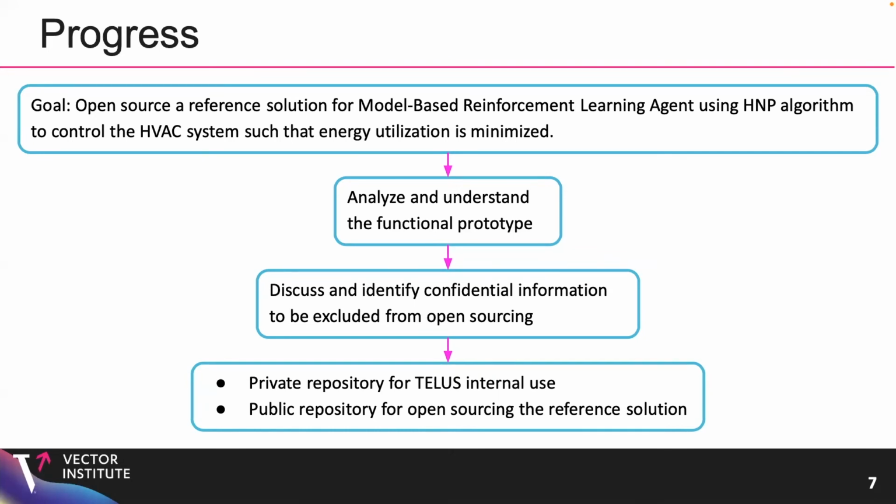A private repository for TELUS internal use, which includes the simulated environment so that they can apply the trained agent, and a public repository that hosts the open source reference solution for training the reinforcement learning agent. We abstracted and modularized the prototype to create the code base for the private repository and tested our code by comparing the trained agent's action values with the results provided by TELUS.